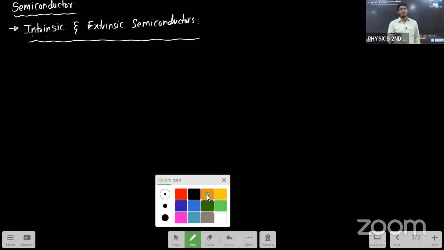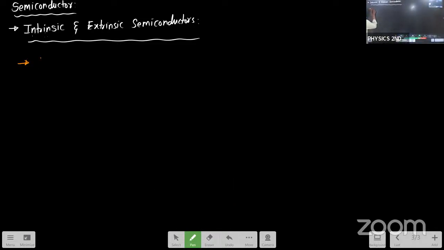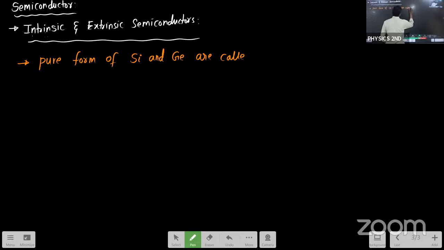Generally, we consider silicon and germanium as semiconductors. So the pure form of silicon and germanium are called as intrinsic semiconductors. So I can write: pure form of silicon and germanium are called as which type of semiconductor?